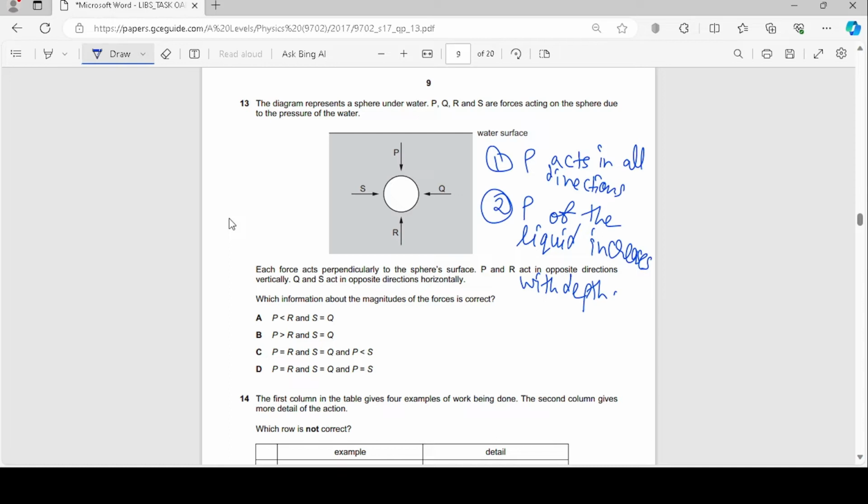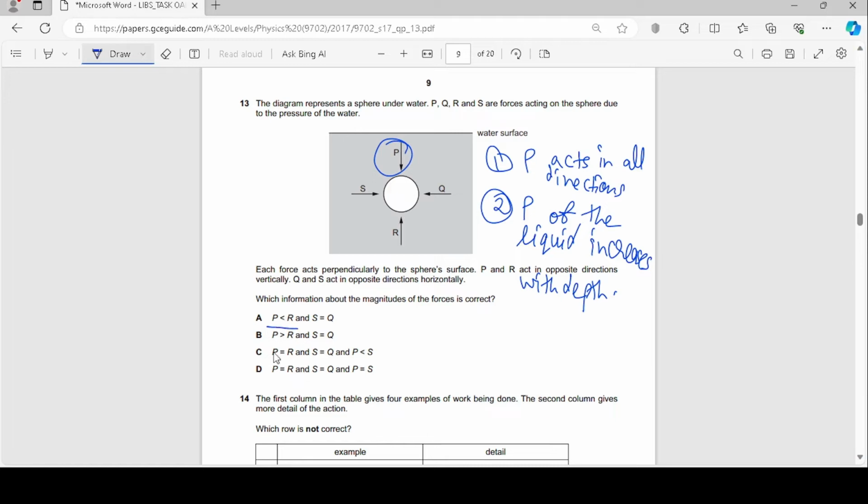So if we look at P, Q, R and S, the pressure at R should be greater. That means that P is less than R, because P is more above, whereas R is below.